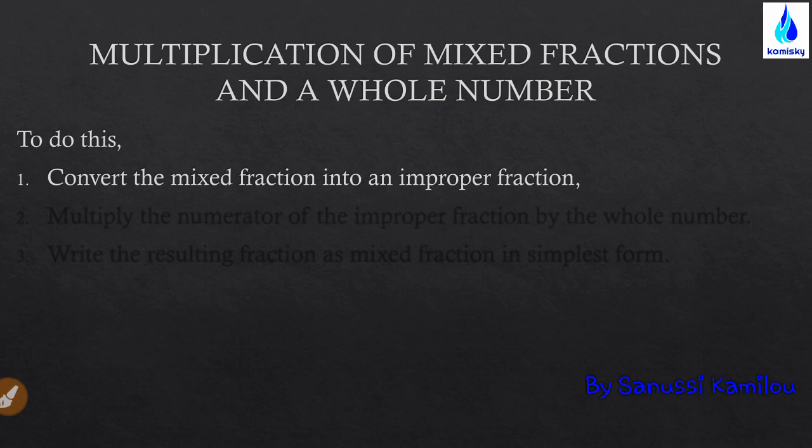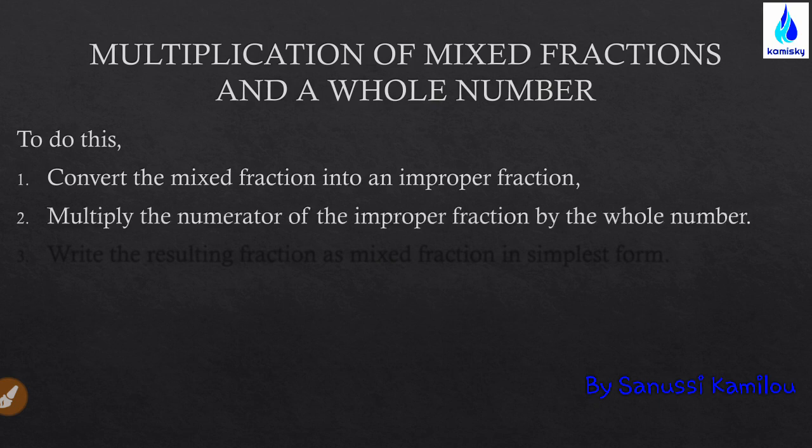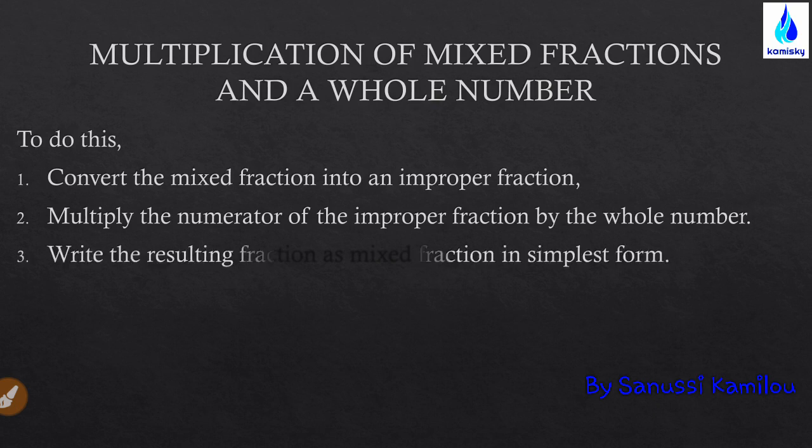Then you do what we did right now. Multiply the numerator of the improper fraction by the whole number. Write the resulting fraction as a mixed fraction in simplest form. Since it's an improper fraction, write it back into a mixed fraction and simplify it. That's exactly what we are going to do.